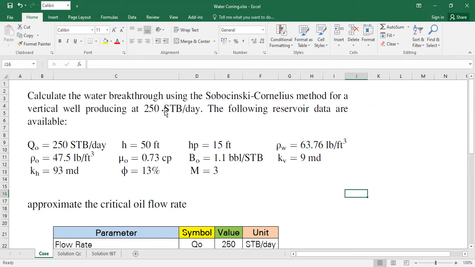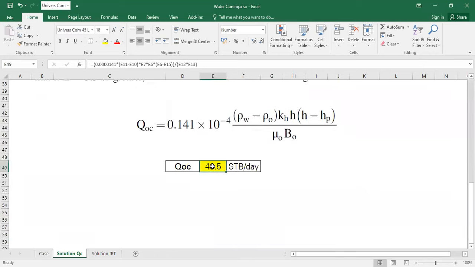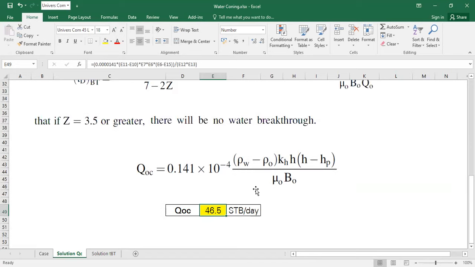Maybe you can call it early water breakthrough at this flow rate, but it gives you high production, it gives you high revenue, but it also gives you water production. On the other hand, you will have low production, low flow rate, but no water production. So it depends on your management, depends on your economic analysis, but from technical point of view, from technical perspective, we have completed the calculation of the critical oil flow rate.